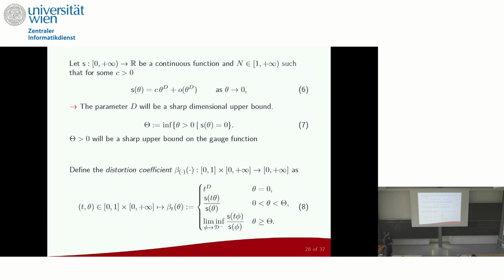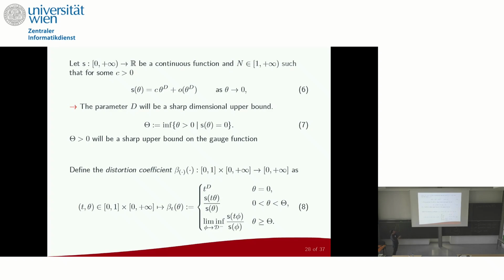Just a little bit more formal slides on what is our beta. So you fix your gauge in the class I was saying before. You will see that this capital D will have the role of a dimensional upper bound, and there is also another interesting property, because this is the behavior for theta going to 0, but it is also interesting to catch this big theta, which is the first small theta where the function vanishes.